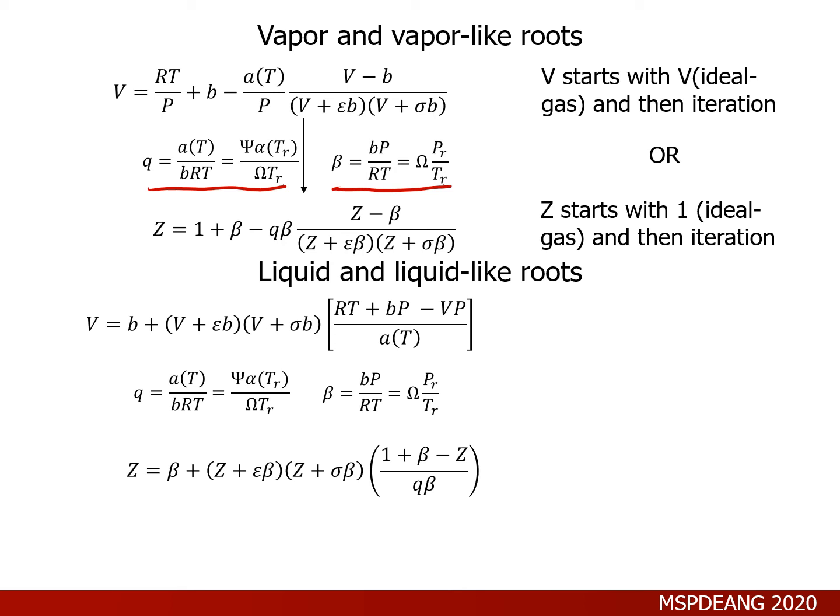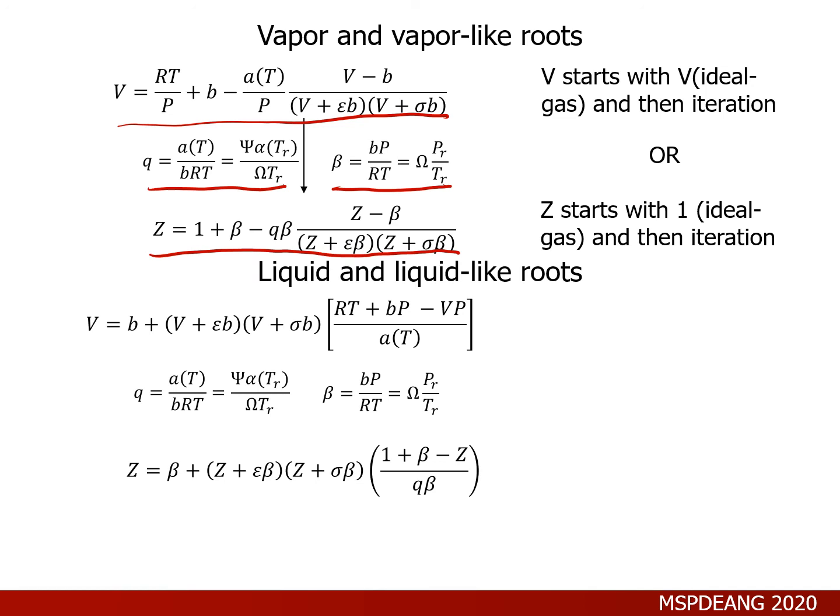Express A in terms of Q and B in terms of beta. Make the necessary transformations to obtain this expression. This is the dimensionless form of this equation. With this, you'll start iterating, but this time you'll iterate in terms of z.